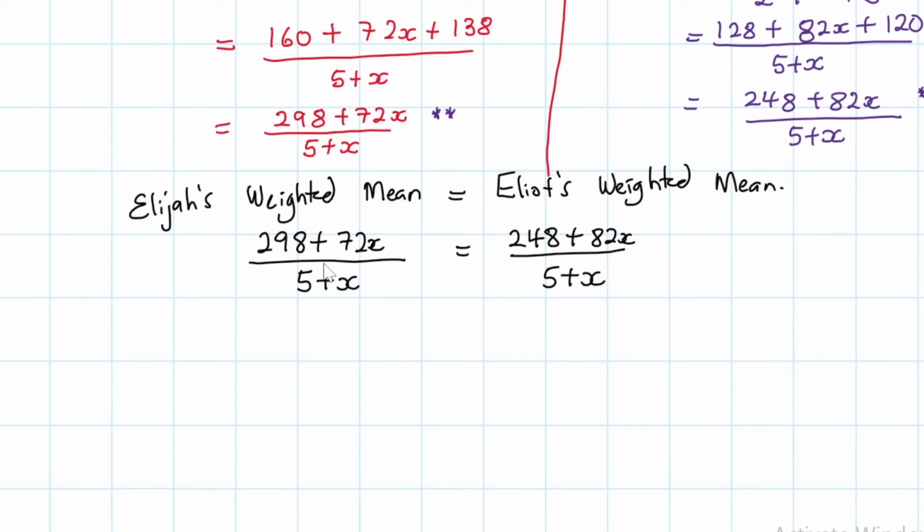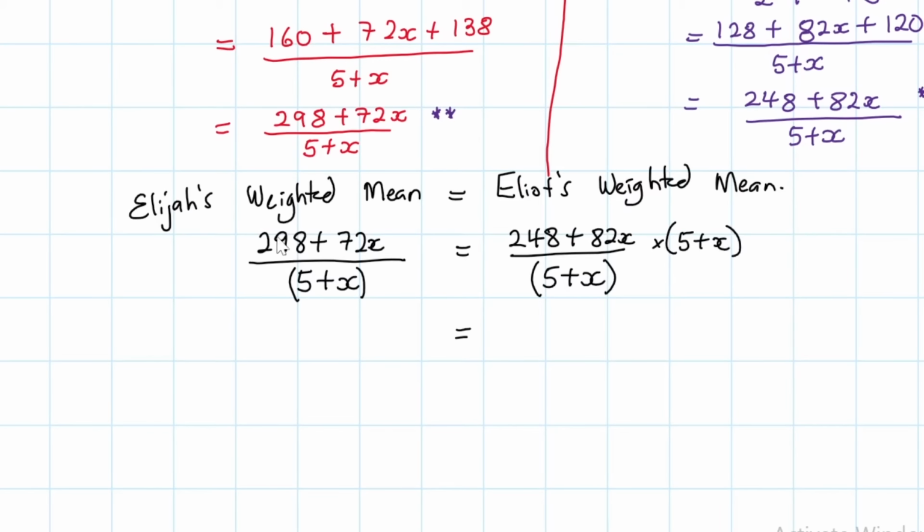Now our role is to find the value of x. What remains is just your algebra skills. You can either cross multiply, or multiply 5 plus x on both sides, whichever way you find easier.